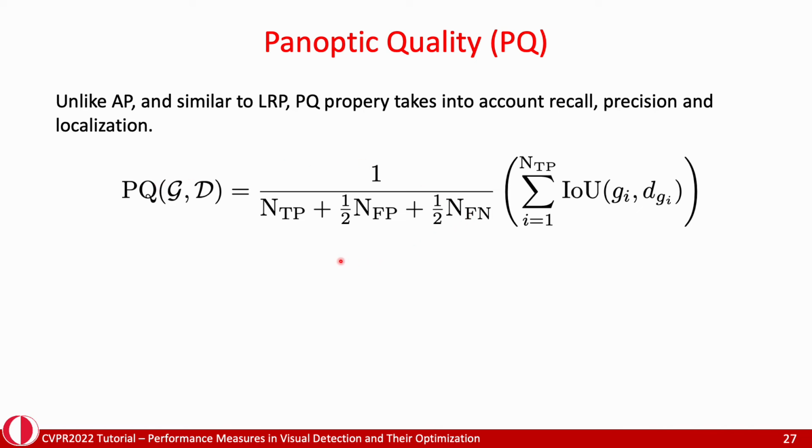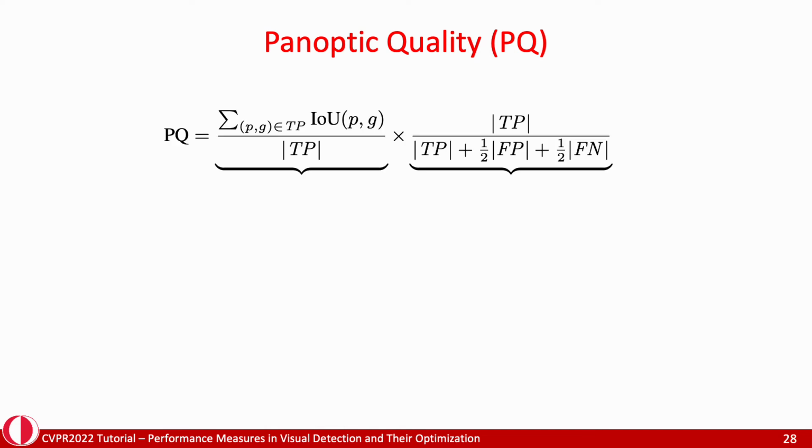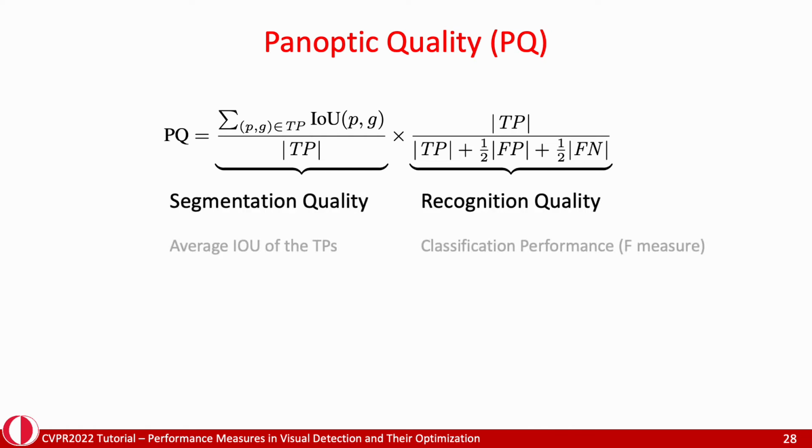And as the number of errors, like the number of false positives and false negatives, increases, PQ will decrease accordingly. PQ can be written as a product of two quality measures: segmentation quality and recognition quality. Segmentation quality represents the average intersection over union of the true positives, and recognition quality represents the classification performance in the form of an F measure.